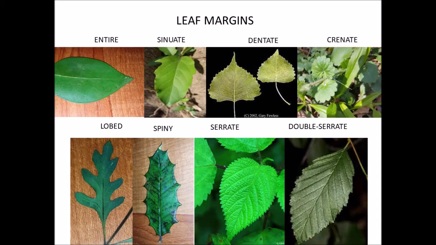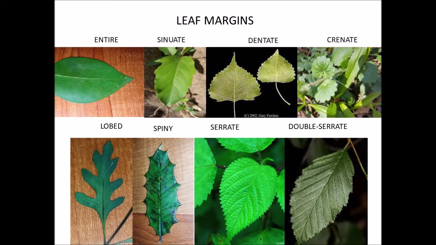Lobed, this is typical of oaks and similar trees. They have these leaves which are deeply divided to form these lobes. It's kind of almost like a precursor of a compound leaf, which would have leaflets. Spiny, this would be typical of hollies, but also in this case Mahonia, the Chinese or leatherleaf Mahonia, Mahonia bealei, pictured here.